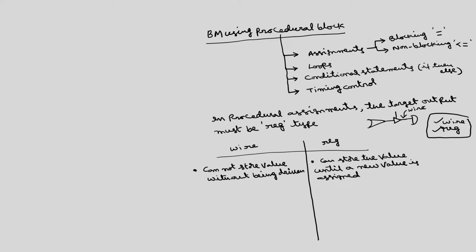Suppose initially it holds a value of 1, and the control signal of this buffer is 0. The output of this buffer is driving this wire, so as long as this control signal is 0, the output of this buffer is 1.